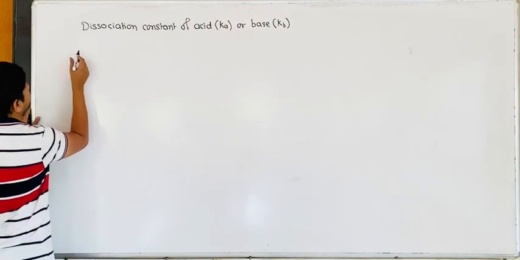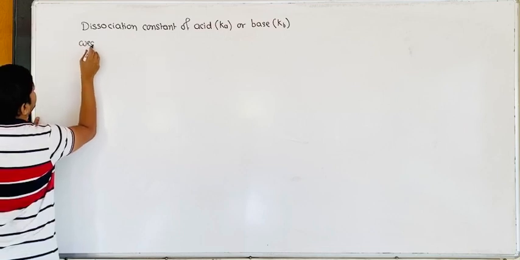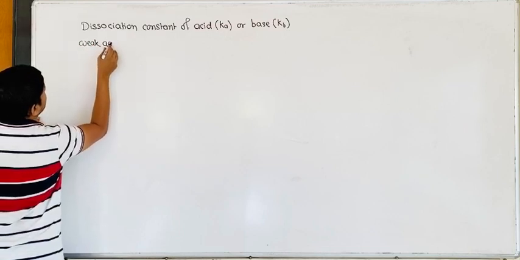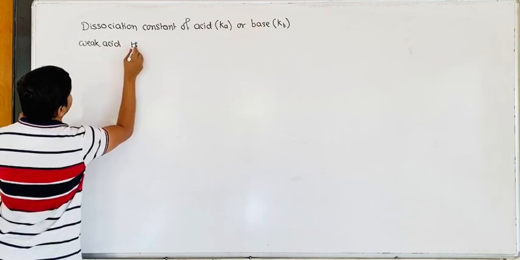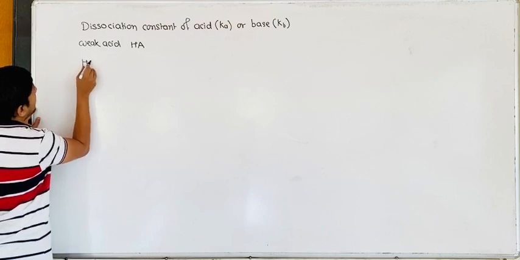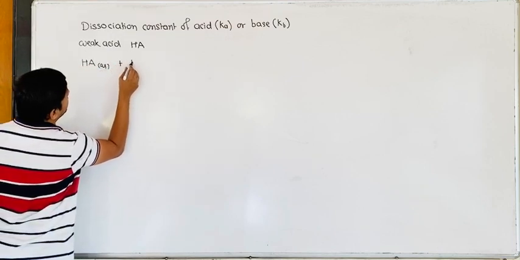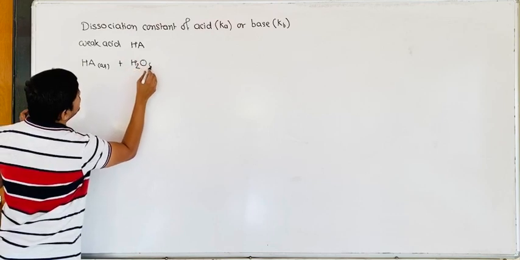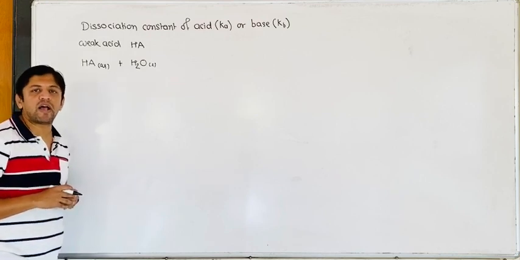Consider a weak acid. Let us consider weak acid HA. So when this weak acid HA is added into H2O liquid, it will dissociate into H+ and A minus ions.